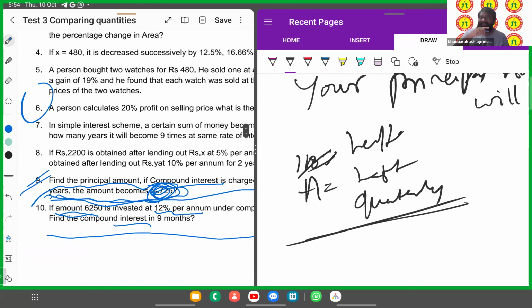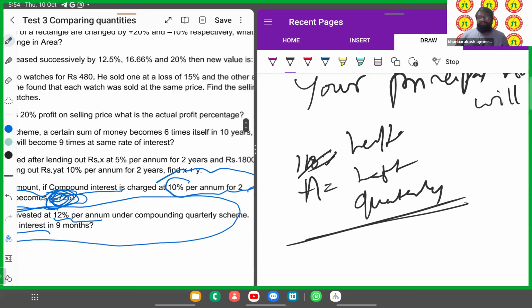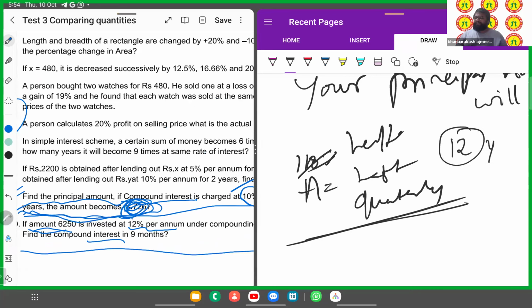Cleverly he said, so and so amount is invested at 12% per annum under compounding quarterly scheme. Find the compound interest in 9 months. See how cleverly he played with you. You know quarterly. In a year there are 12 months, so 3 months per 1 quarter.